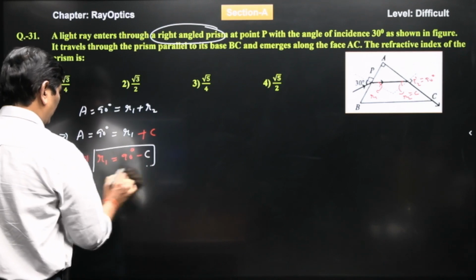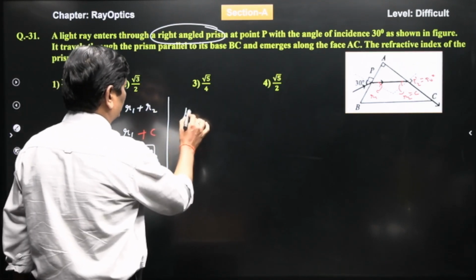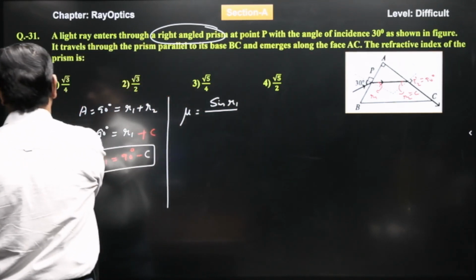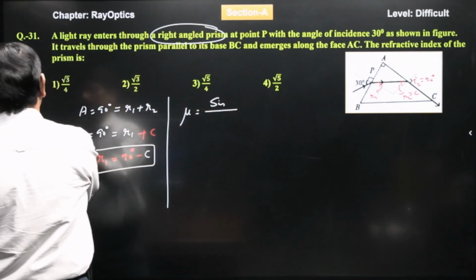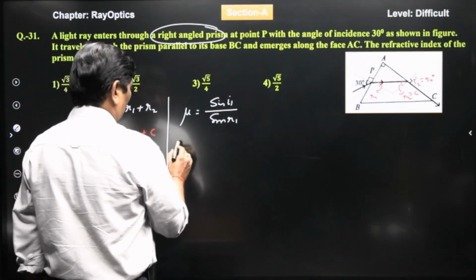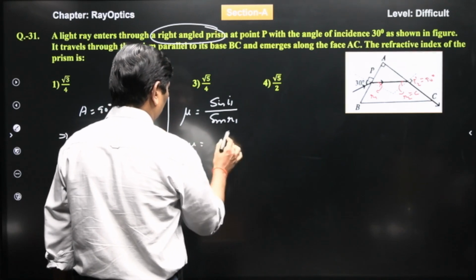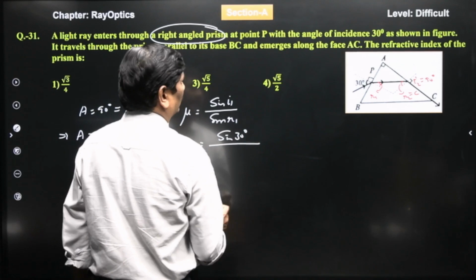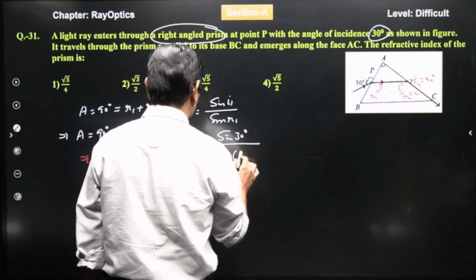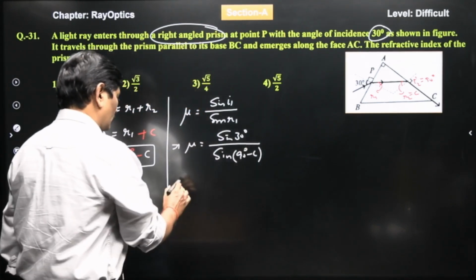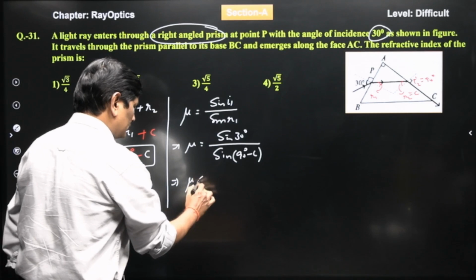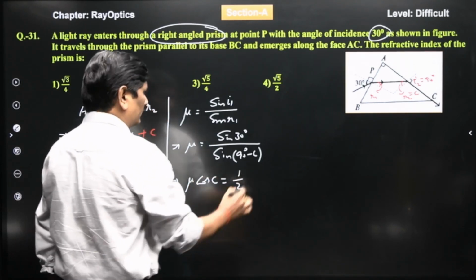This is R1, right. To find the refractive index, mu at the first surface is sin I1 by sin R1, there mu is equal to sin 30 degree, given the angle of incidence on the first surface as 30 degrees, by sin R1, which now you can write as sin 90 minus C. So, this is mu, sin 90 minus C comes to this side as cos C, cos C is equal to sin 30, that is 1 by 2.